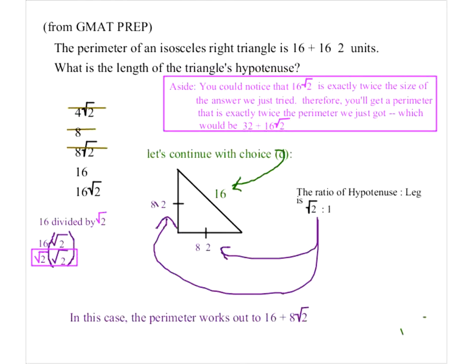Sorry it's taking me so long to make these square root signs. So in this case, the perimeter does work out to what we want it to be. The perimeter does work out to 16 plus 16 square roots of 2. And so we are happy. That's the answer we want.